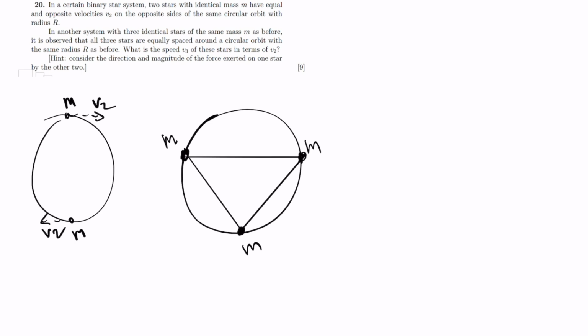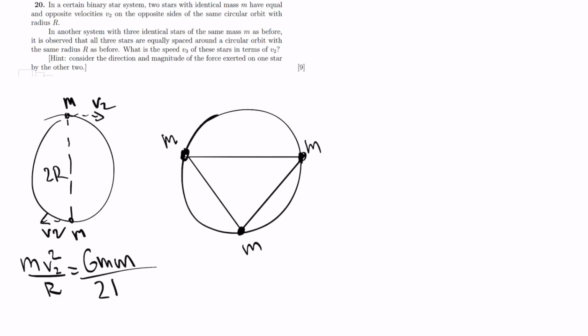Okay, well, let's first of all find an expression for the speed v2. So I'm just going to say that mv squared divided by the radius, and that's v2 squared, is equal to GMm divided by, okay, well, the distance between them will now be given by 2r squared.